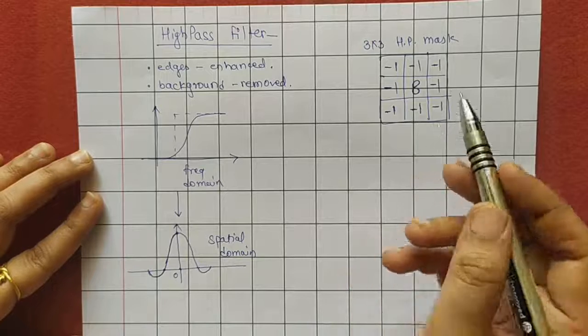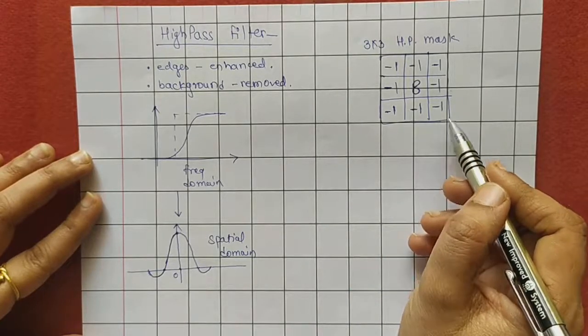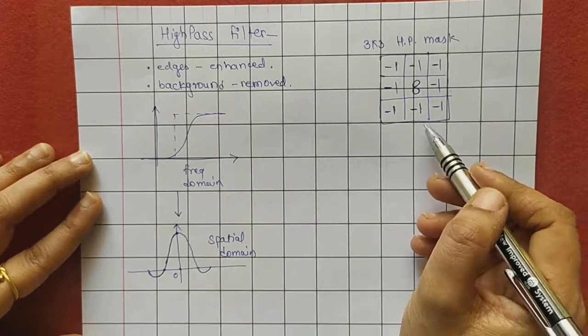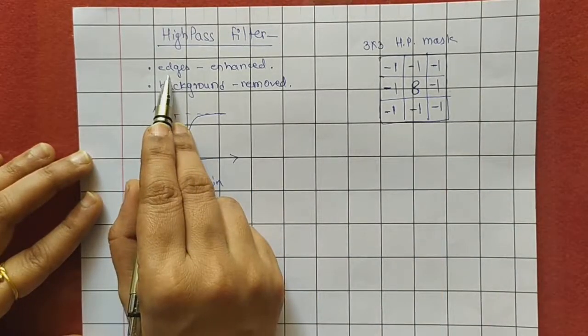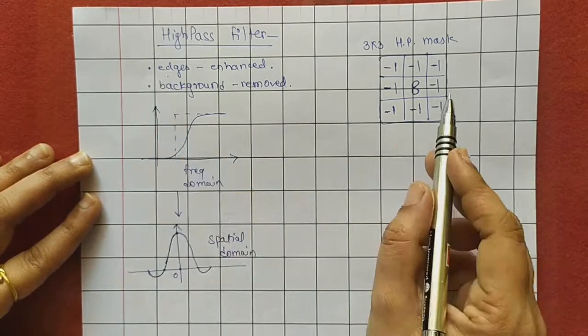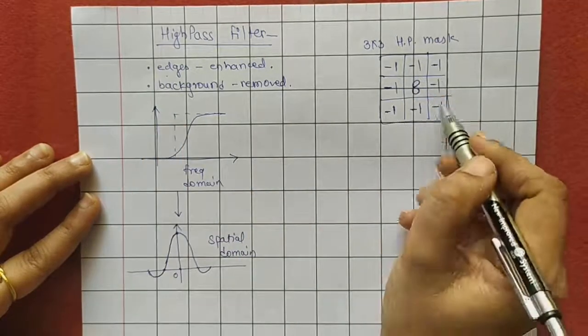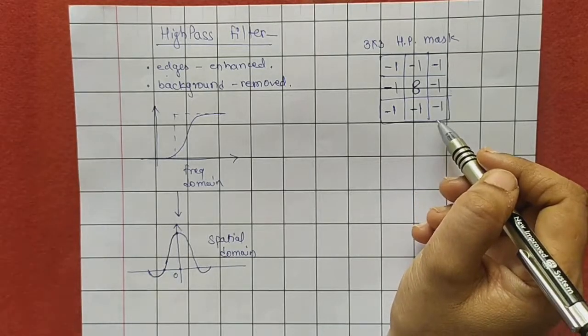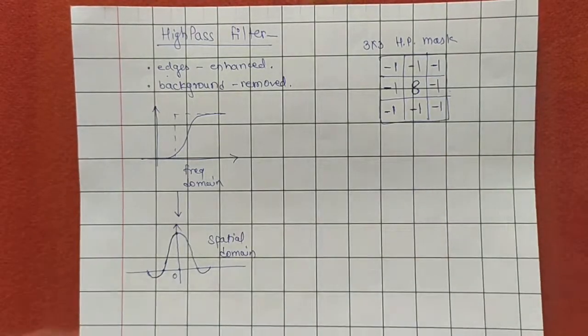This is because we have to remove the low frequency region from the image, and we have to enhance only the edges or high frequency region from the images, and that's why the summation of all the coefficients of high pass filtering mask is always equal to 0.